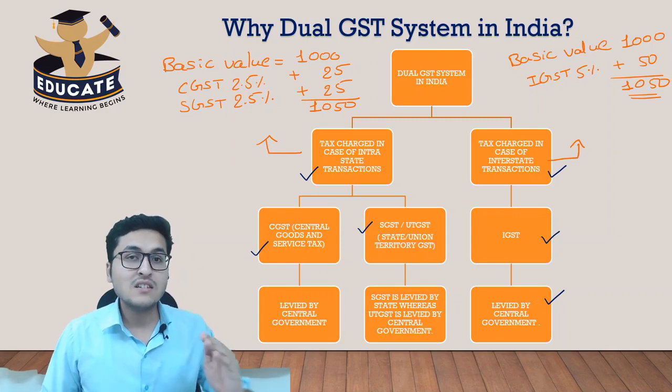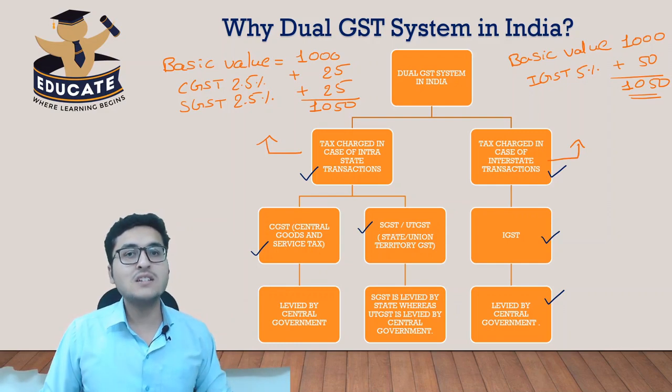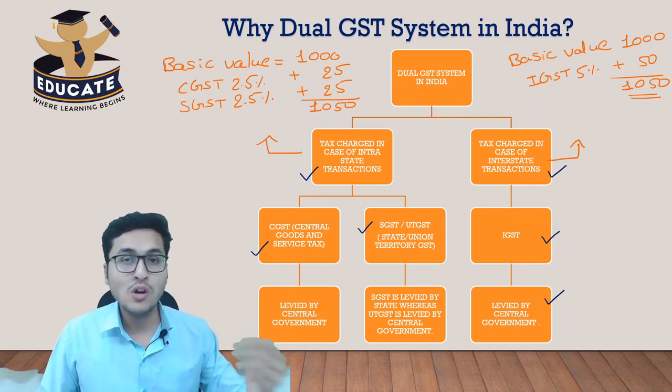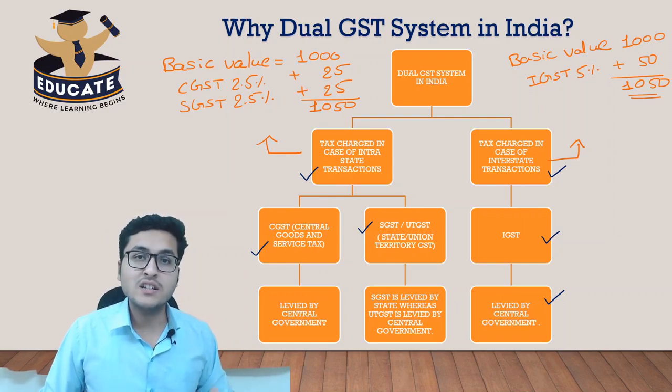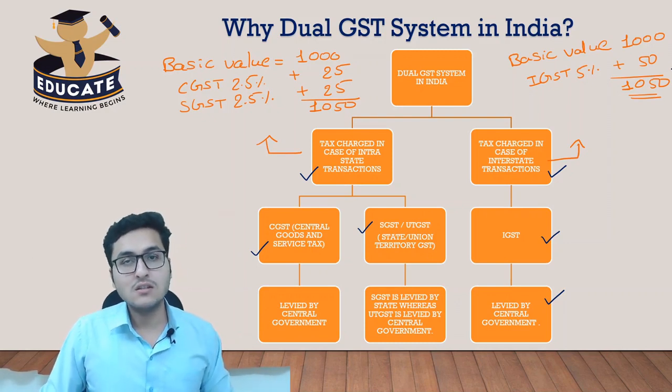So if the transaction is interstate from one state to another, in our example, we supplied goods from Gujarat to Maharashtra. In that case, IGST would be charged at the rate of 5% and the total invoice would be 1000 plus 50, that is 1050.